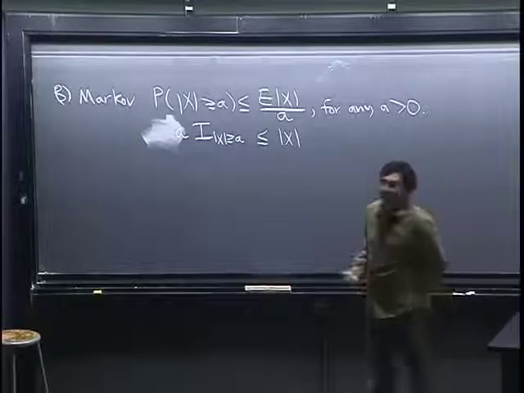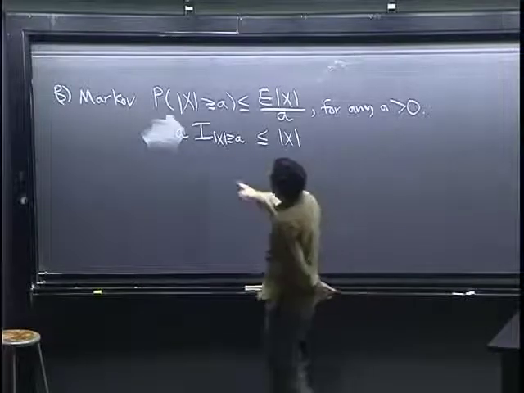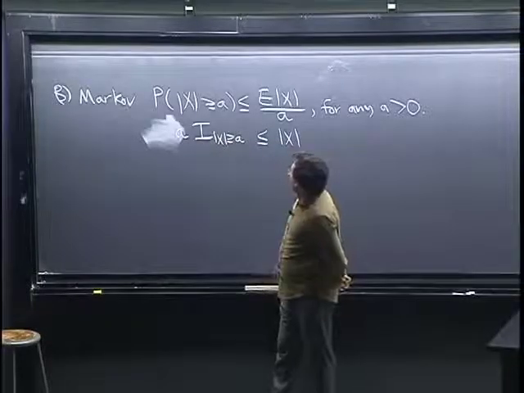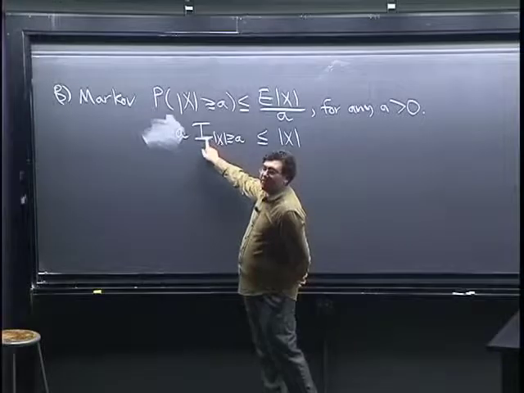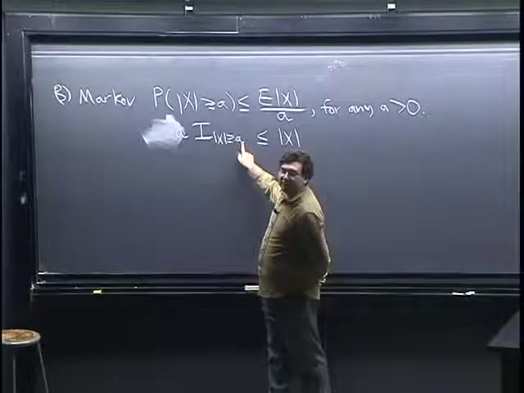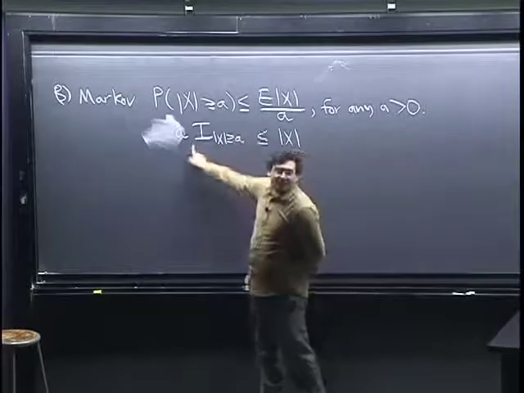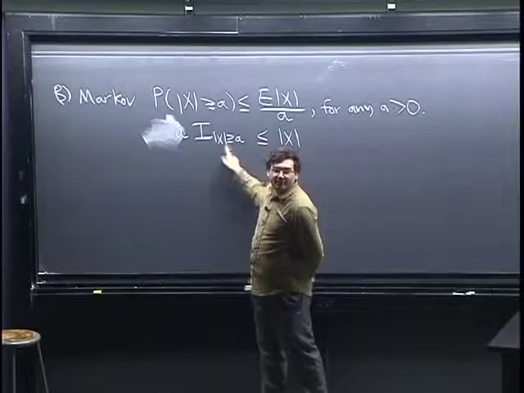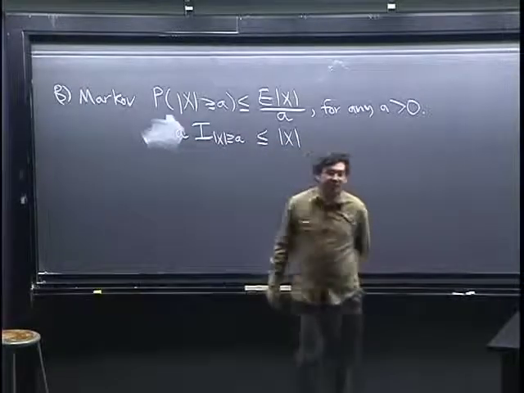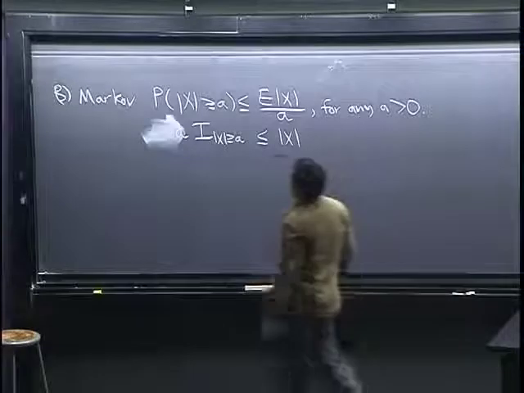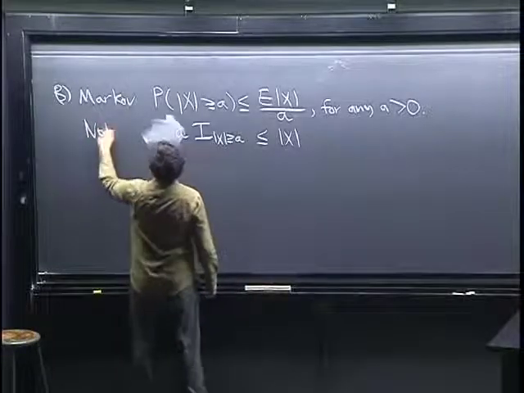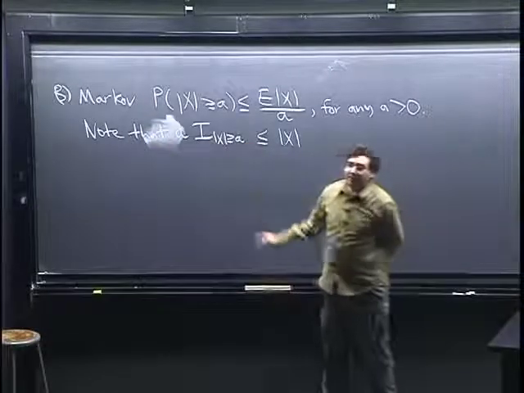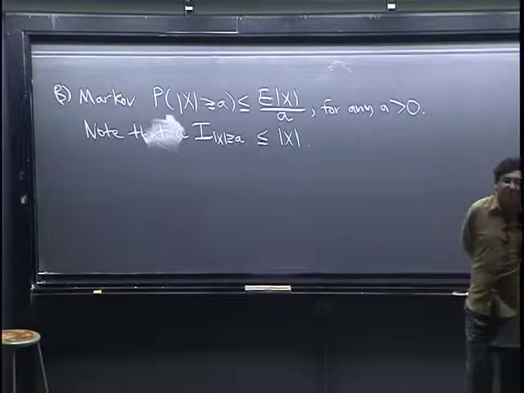The other case is the indicator is 1, so this I sub whatever is 1, and the left-hand side just becomes a. Now in that case, this equaling 1 says that absolute value of x is greater than or equal to a, but that's what I just said, right? Replace this by 1, it says absolute value of x greater than or equal to a. That's what we just said. So this is always true. So I'll just write, note that this is true. These are random variables, but this relationship always holds between those random variables.